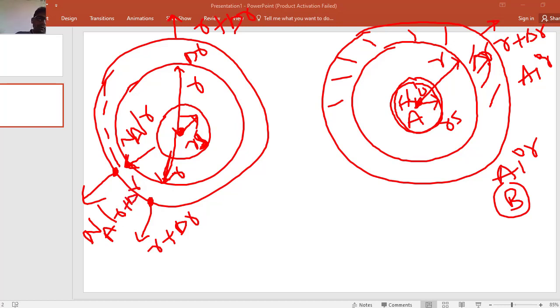Similarly, the flux at this point is also at R. So this is the R point.